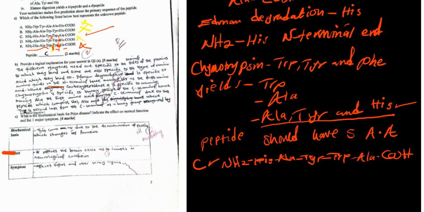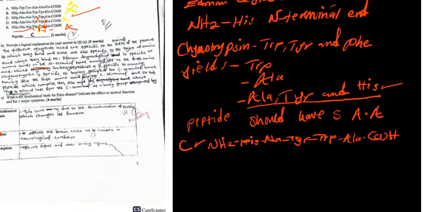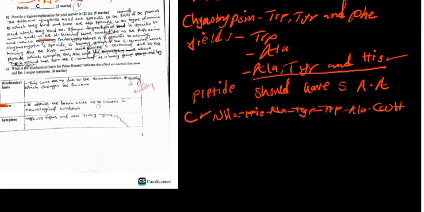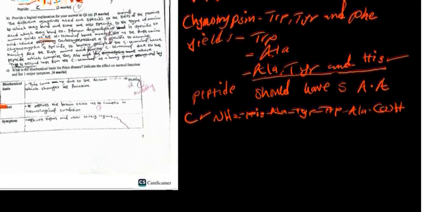So let's go to question B. Provide a logical explanation for your answer in question 2. So here, this is the logical explanation that we have provided here. Let me even circle it.